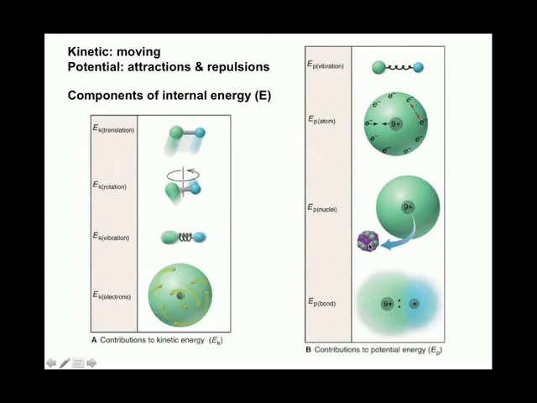We have the attraction of the protons and the neutrons for each other, binding the nucleus together. And down here we have our bond energy, which is what we're again more concerned with. That bond energy is really the attraction of the two nuclei for these shared electrons. Now, no one can really calculate these various types of energy by themselves. All we really care about is the difference in energy when a reaction happens.